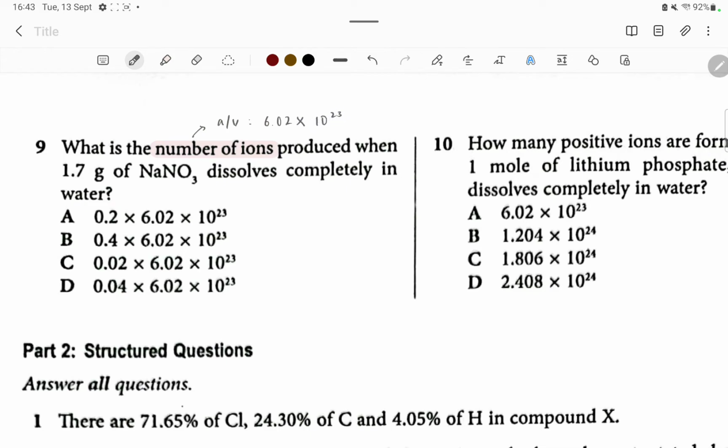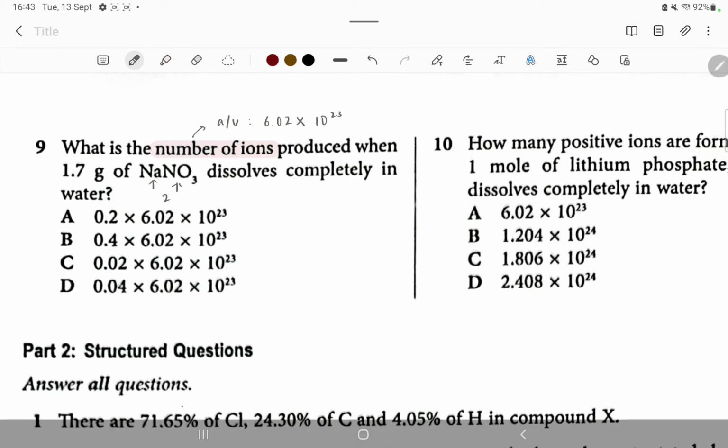So number of ions, how many ions are there over here first? 1, 2. So 2 ions per compound, per particle.